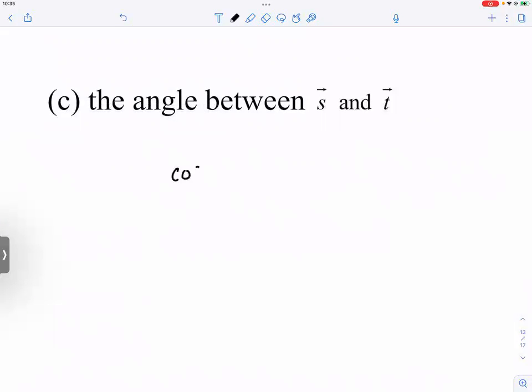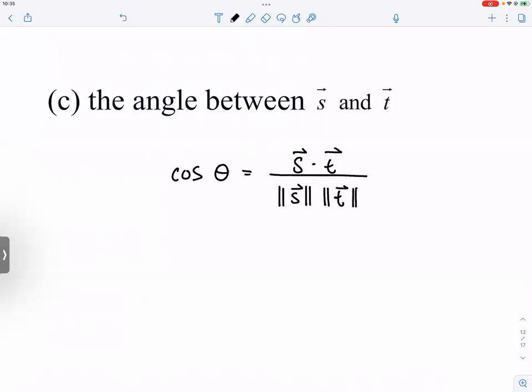We say cosine theta is equal to the dot product over the magnitude. What is the relationship between the magnitudes? Are they adding or are they multiplying? They're multiplying. But for some reason, I saw a lot of plus signs on the last test. Don't know why. Okay, they're multiplying each other.